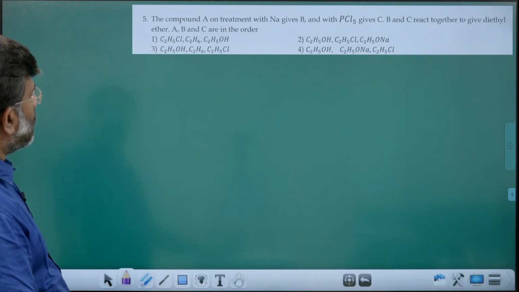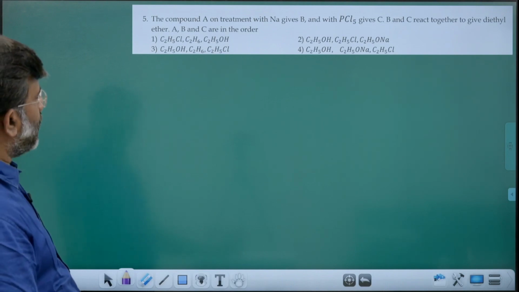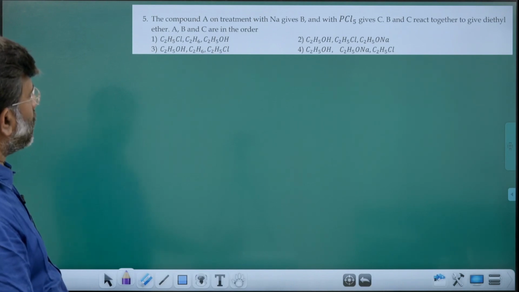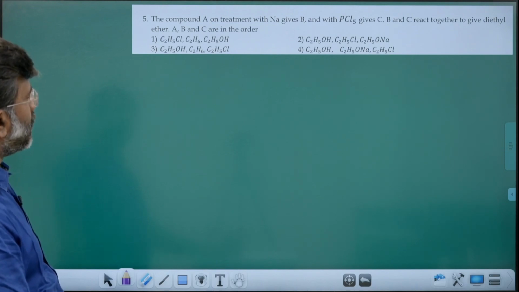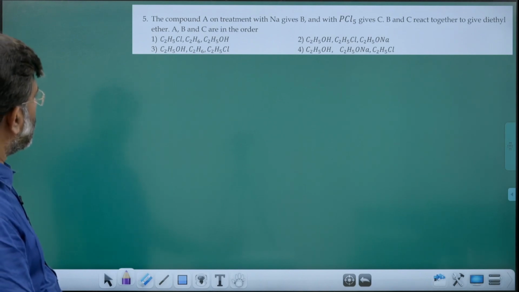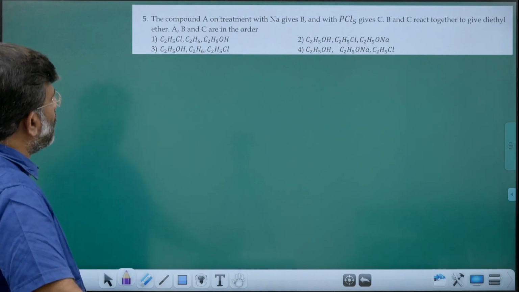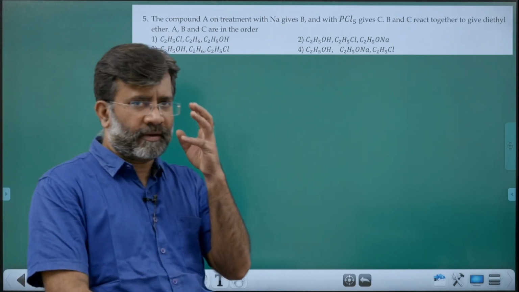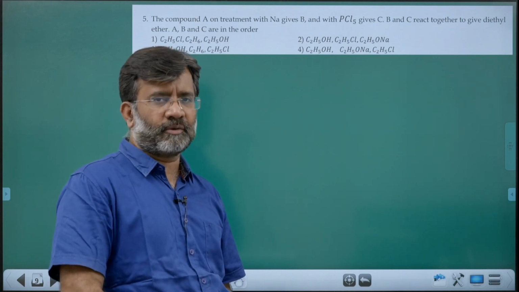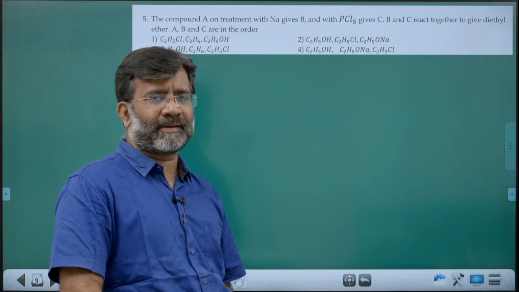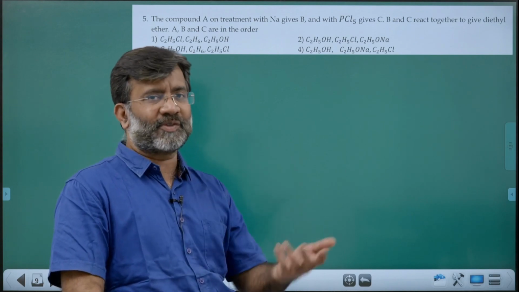Compound A on treatment with sodium gives B, and with PCl5 gives C. B and C react together to give diethyl ether. See, if you read the question with concentration, you can understand the choice very easily.